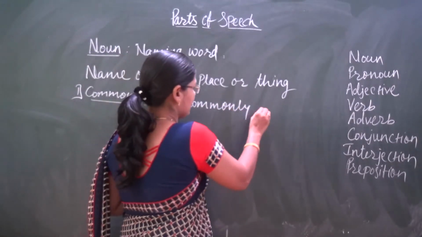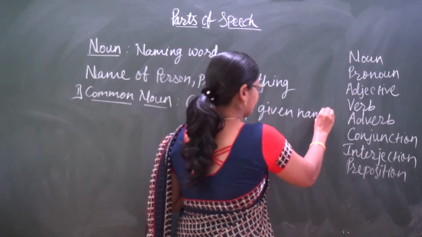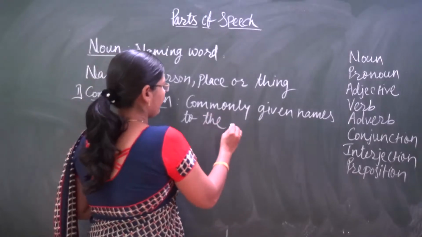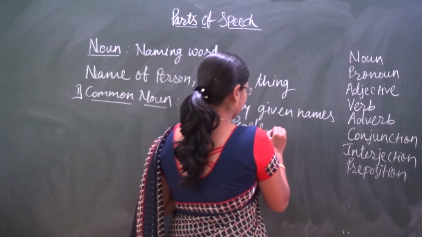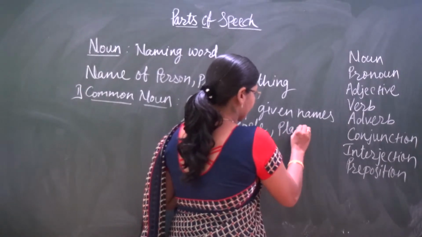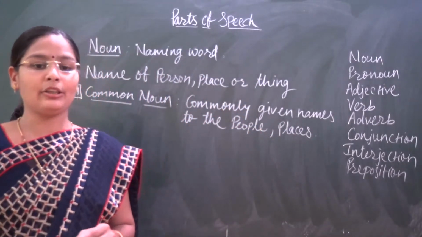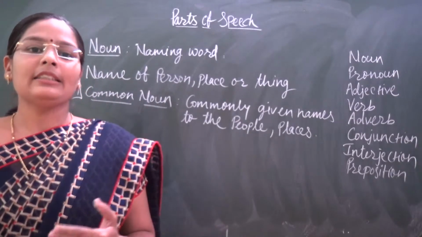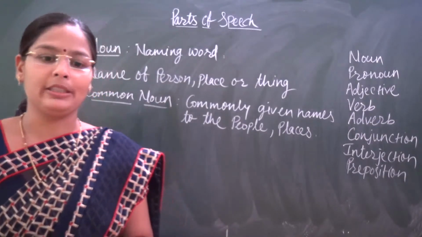Commonly given names to the people or places is called a common noun. There are many common nouns like pen, pencil, dirt. In our surroundings, whatever things we are seeing, all those are common nouns.